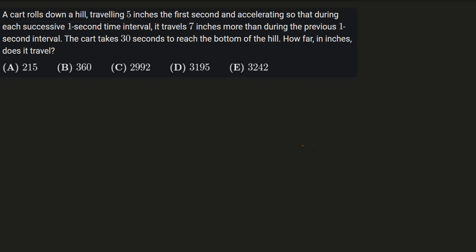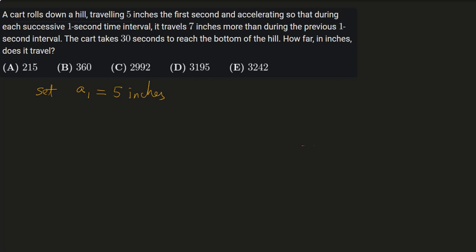Okay, let's look at this problem, and we want to translate all the wording to math. Let's set the cart travels a distance of a1 in the first second, and we know that this a1 equals 5 inches. And then the cart accelerates.